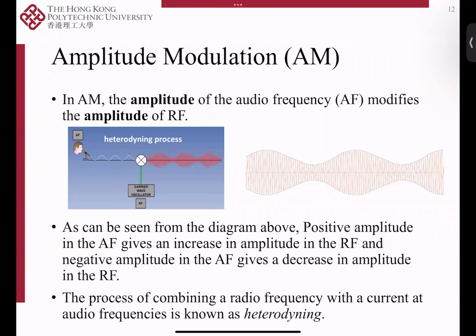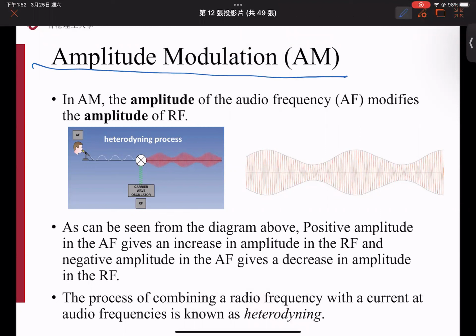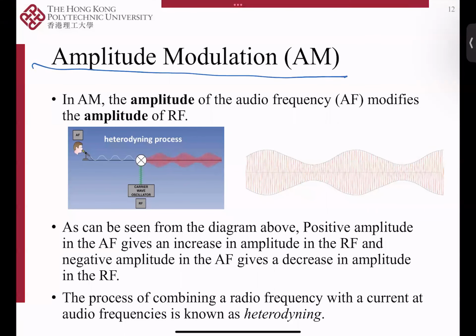The first one is AM, which is amplitude modulation. So let me use another color to make it clearer. As it seems, it's related to the amplitude. If you use this modulation, your signal's amplitude will look very different from the original signal without any information.